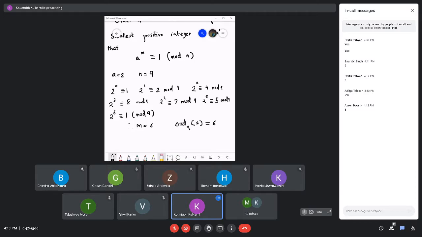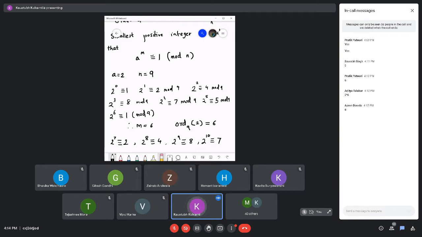Now why did we say smallest positive integer? Intuitively, when I go to 2 raised to 7, it will again be congruent to 2 mod 9. 2 raised to 8 will be congruent to 4 mod 9. 2 raised to 9 will be congruent to 8. 2 raised to 10 will be congruent to 7.